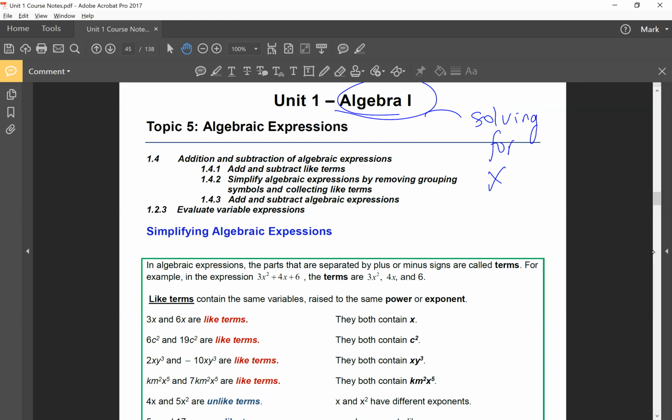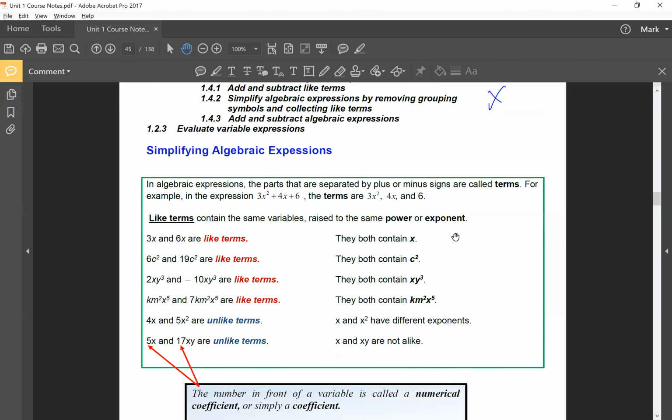In medical science, it could be the milligrams of medication that you have to solve for. So as much as people may not enjoy this, you will be using algebra in most of your courses that involve any calculations. So just the introduction today, a couple minutes and we'll be done.